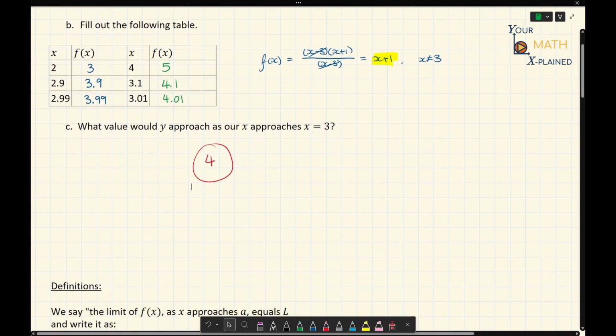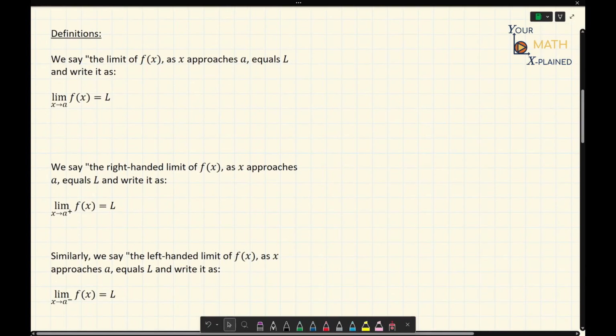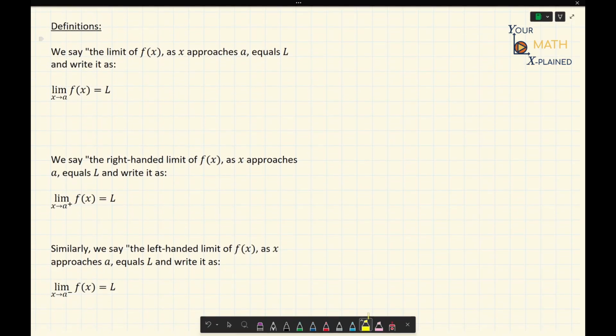Let's go ahead and take a look at the actual definitions. We say the limit of f of x as x approaches a equals L. And in notation form, it is written like this.